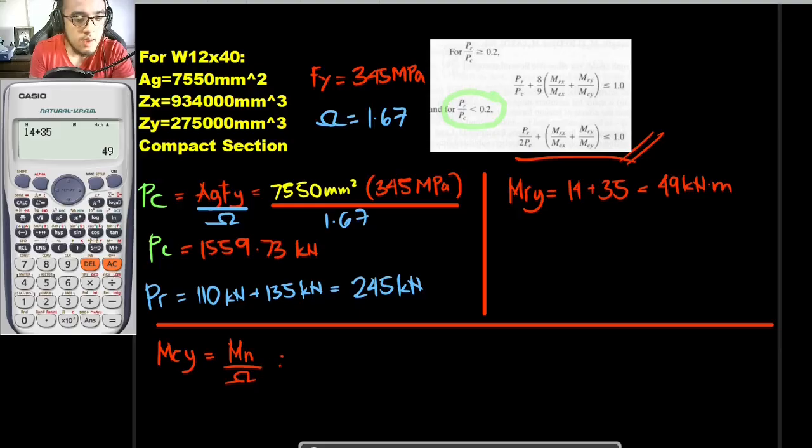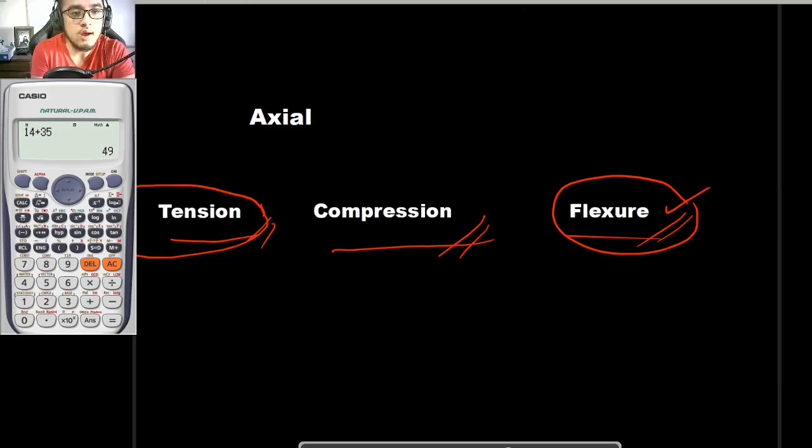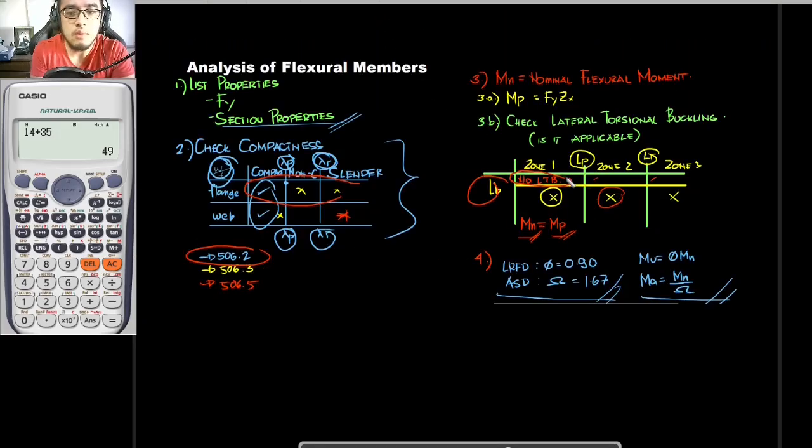So for our MN, there is actually an added note here. It is said here that the member is adequate if our unbraced length is less than LP. If we go back to the slide from our lesson before, if your LB is less than your LP, it means that you wouldn't be experiencing lateral torsional buckling. So it is zone 1.